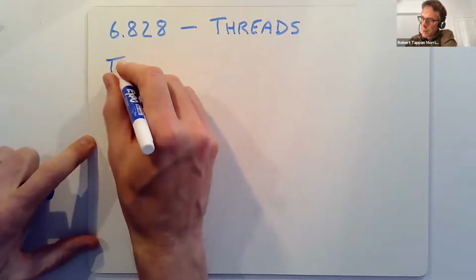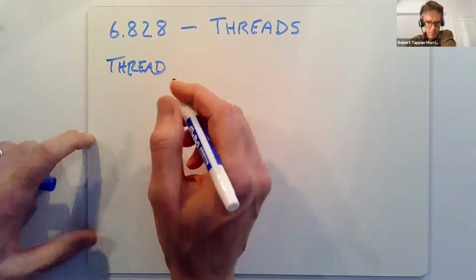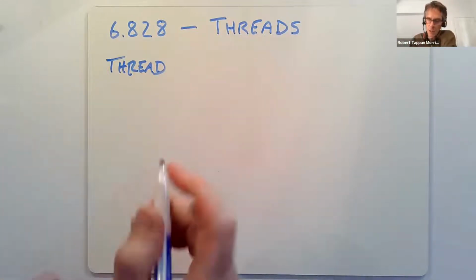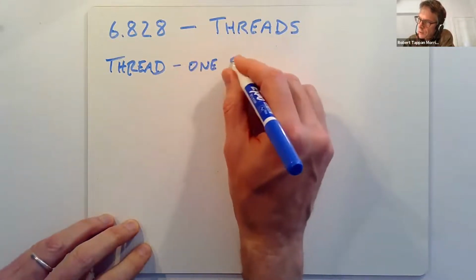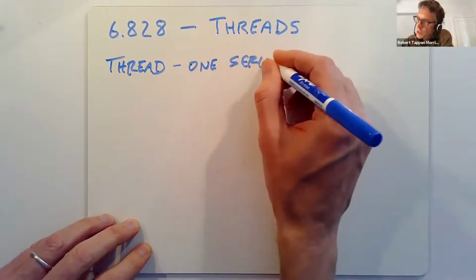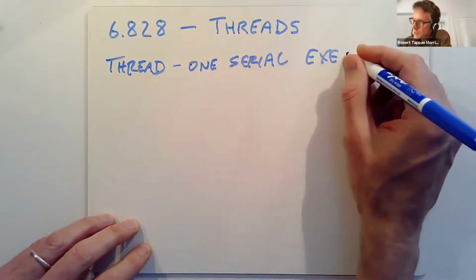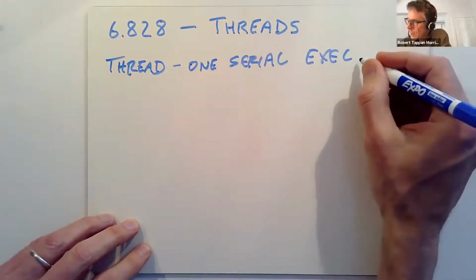This is a loose definition because there are many different flavors of what people mean by threads, but we'll say it's one serial execution. So it's what you get if you fire up one CPU and have it execute one instruction after another in the ordinary way.